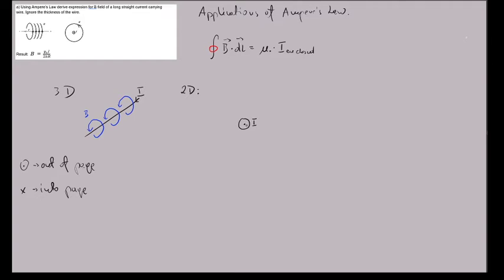So we have a current here that comes out of the page towards me, and then the magnetic field would do this. It just goes around like this, circular.